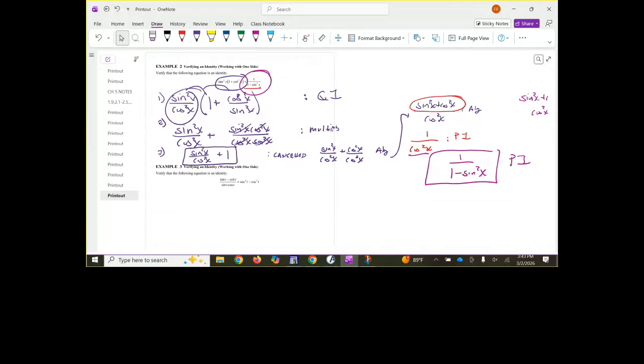I hope I'm not being too repetitive, but these are the steps with their justifications that we're looking at. We already know that the left side is equal to the right side. How? That's what we're trying to do in these kinds of problems.